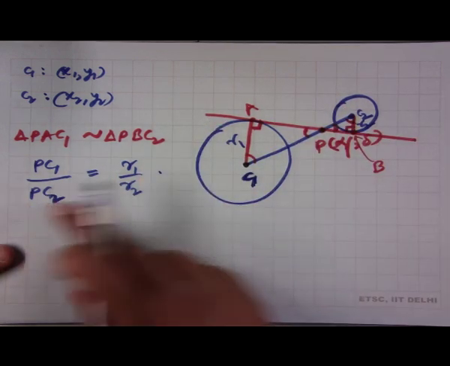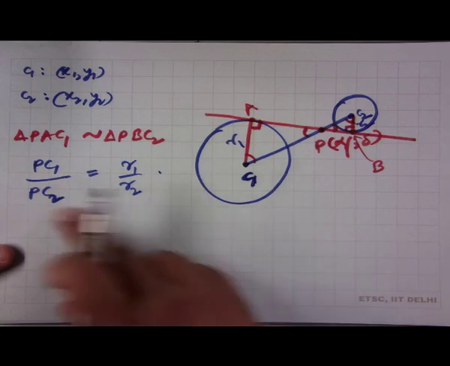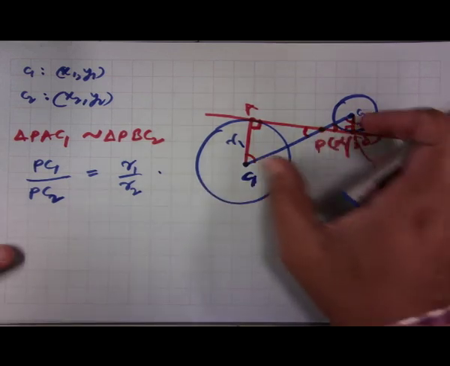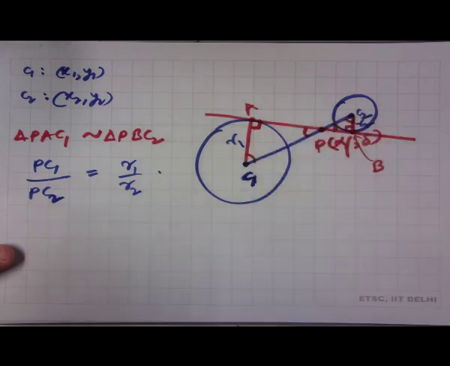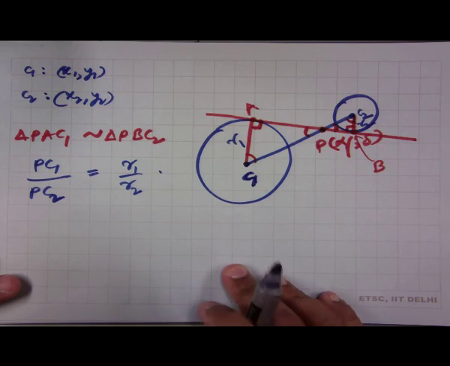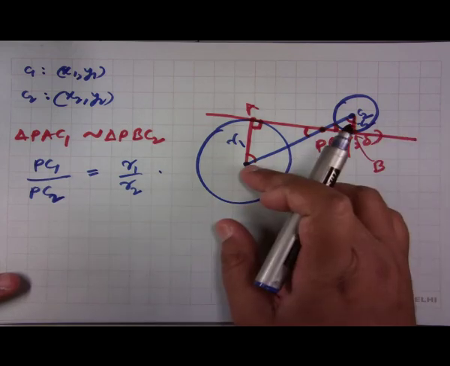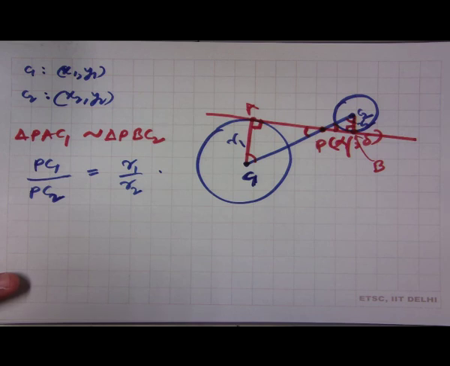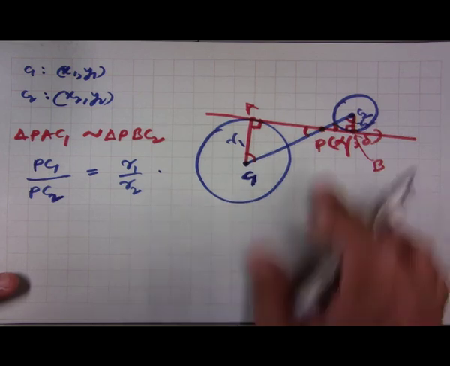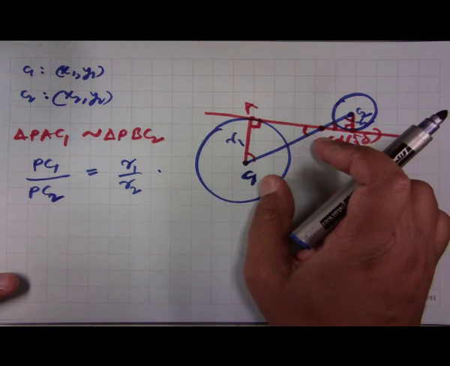That is what this equation tells us, and this division is internal, unlike in the case of the direct common tangent, where the point of intersection was dividing the straight line joining the centers externally in the ratio of the radii. So, here the division is internal.